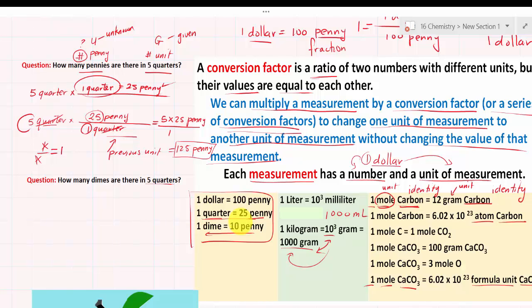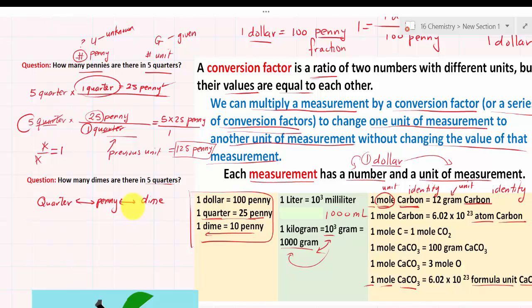So let's describe our relationship between quarter and dimes. First of all, we know that quarter is related to penny. And then we know that penny is related to dime. Because they are now connected by penny, we can solve from quarter to dime.